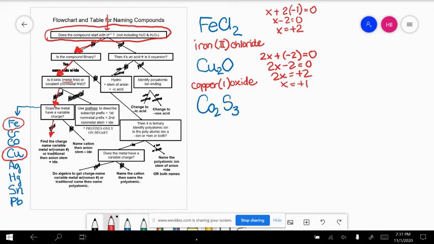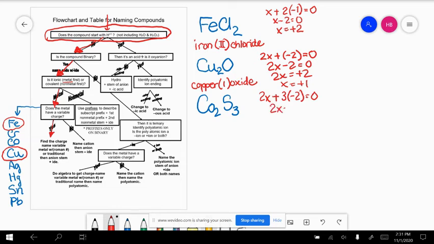Okay, another one. Doesn't start with H+, it's binary. I'm going to go through this quickly now because we know that looking at this, it's an ionic compound that cobalt is in the beginning of. Cobalt's a variable charge, so I've got to figure out what the variable charge is. I can do the algebra because there's 2 cobalts I don't know the charge of. There's 3 sulfurs that are -2, and they are compounds, so they add up to 0.